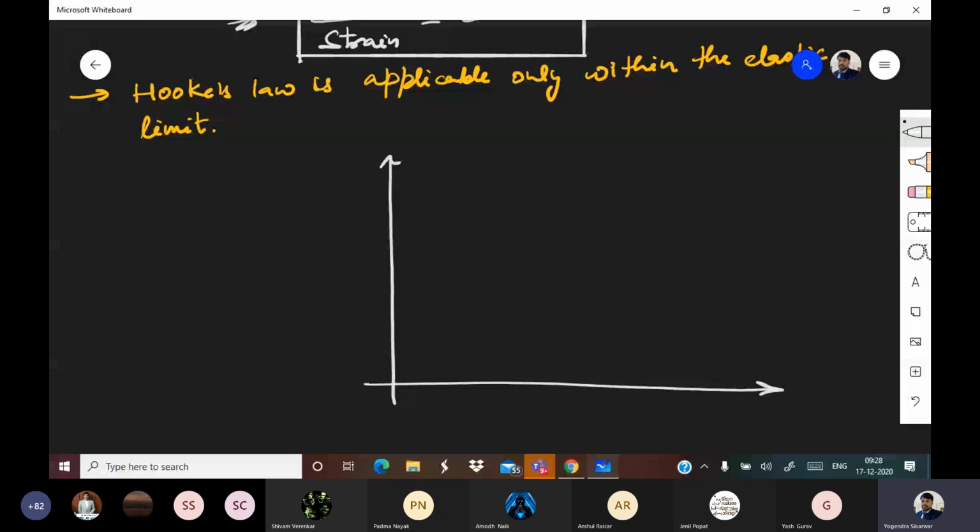You are exerting force on the metal wire on its free end, and you keep on increasing that force. When you are increasing that force, stress will also get increased. Yes or no? Yes. So let us see how stress and strain will work, how the graph will be.